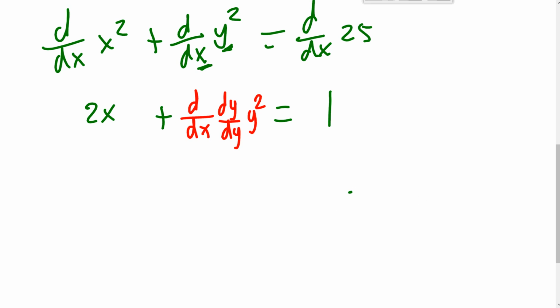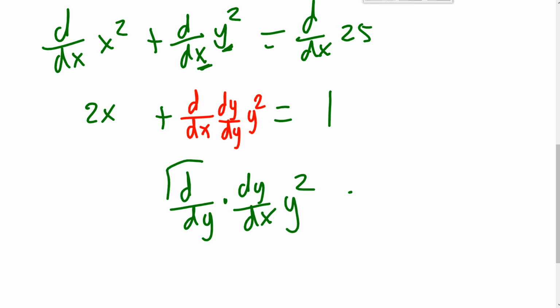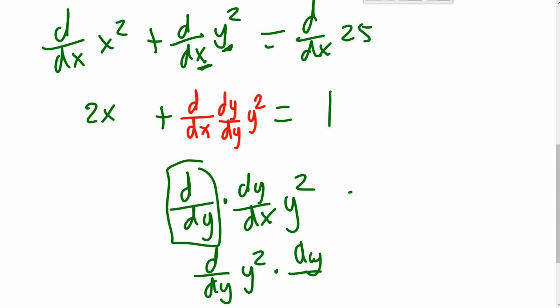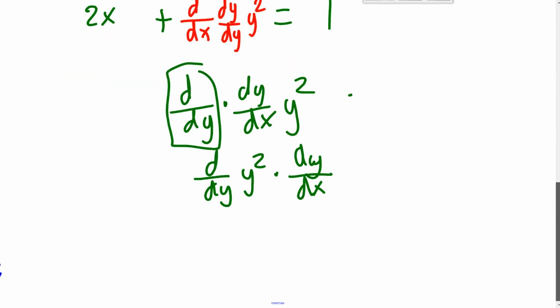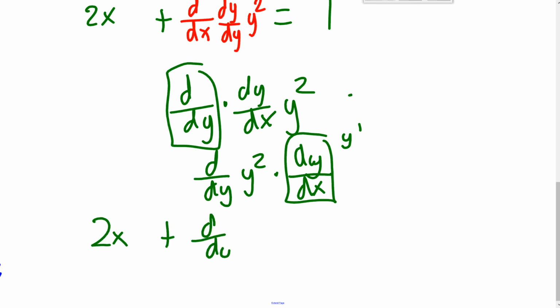Right, now I can rearrange this, so I get d over dy times dy over dx. Which means take the derivative in terms of y. So now I can take this and just times it by dy over dx, which this right here again is the same as y prime.